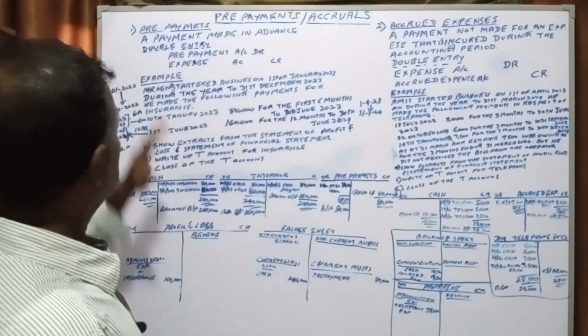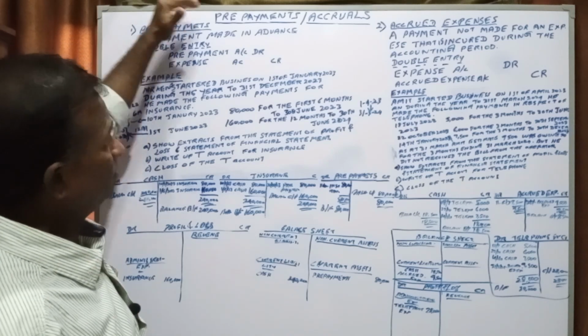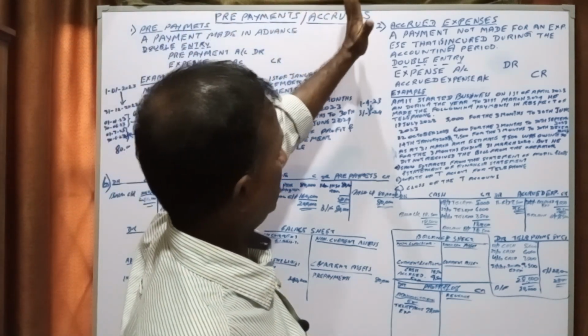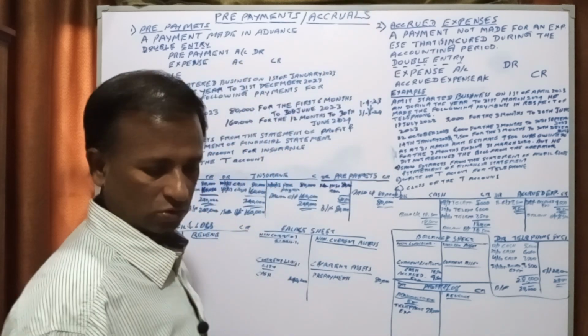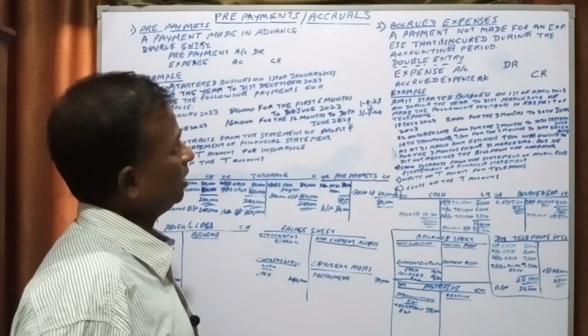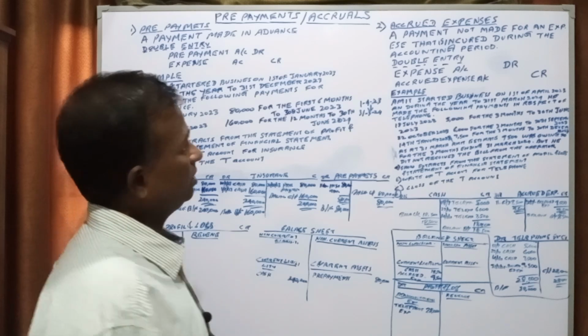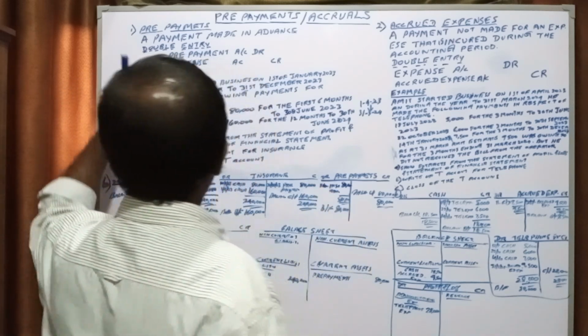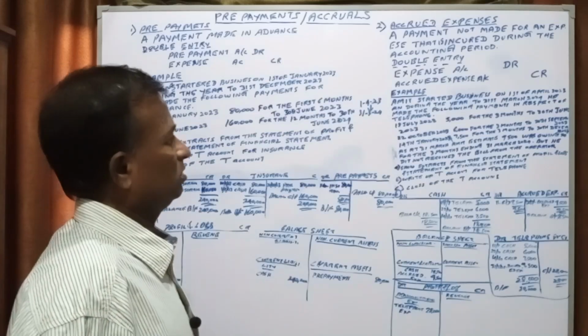So we have covered both the prepayments and accrued expenses. Now you would have a good idea about both adjustments.